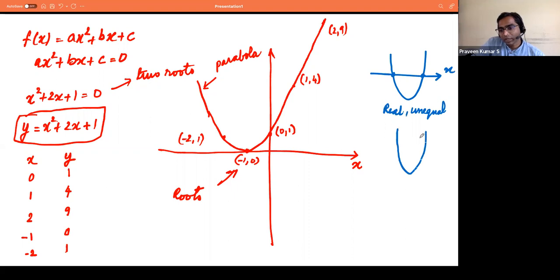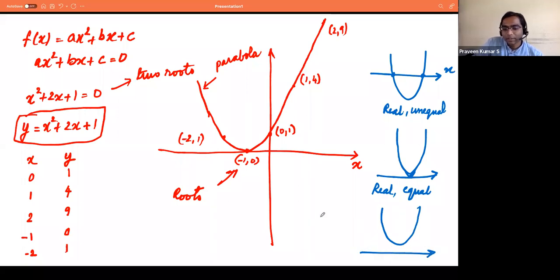If the x-axis was just touching like this, you would say these are real and equal. If the graph was like this and this was the x-axis, here you will say these are imaginary roots. The curve is not cutting the x-axis at all.